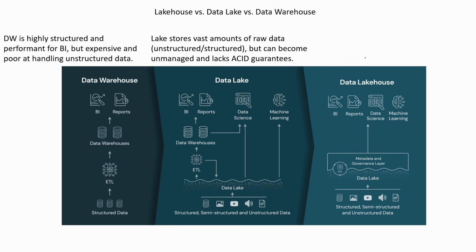A data lake stores vast amounts of raw data, either structured or unstructured, but it can become unmanaged and it lacks ACID guarantees. If you store your data in S3 in raw form, it is a very tedious task to manage the ACID properties and the metadata. Although you have Amazon Athena to query the data using SQL, there are still limitations.